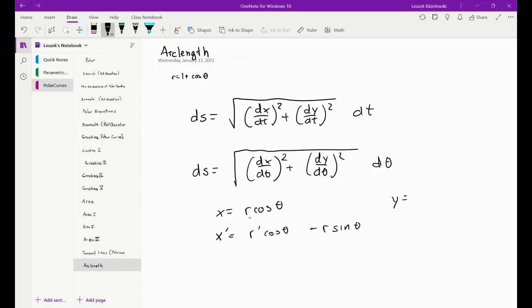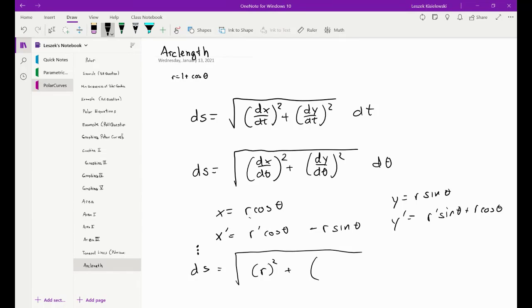And likewise for y, we use product rule. And then we would have to square those derivatives. Okay, and I guess to make the story short, you would use the Pythagorean trig identity, and you would get a formula for the differential arc length element when you have a polar curve.